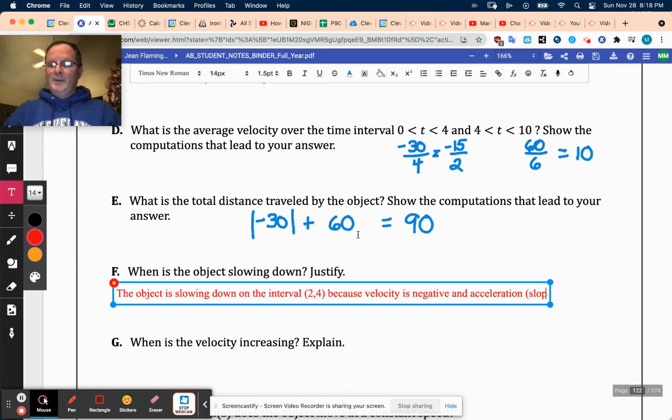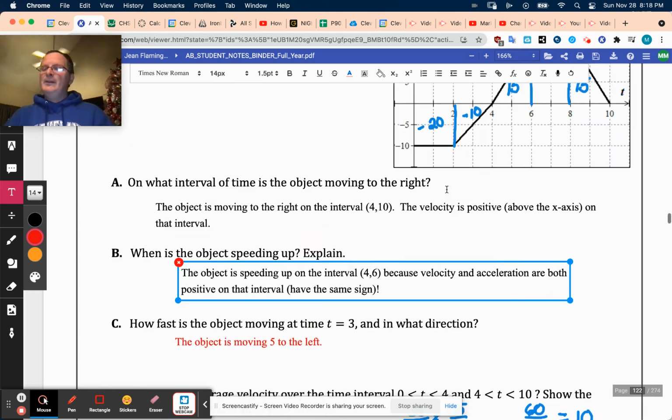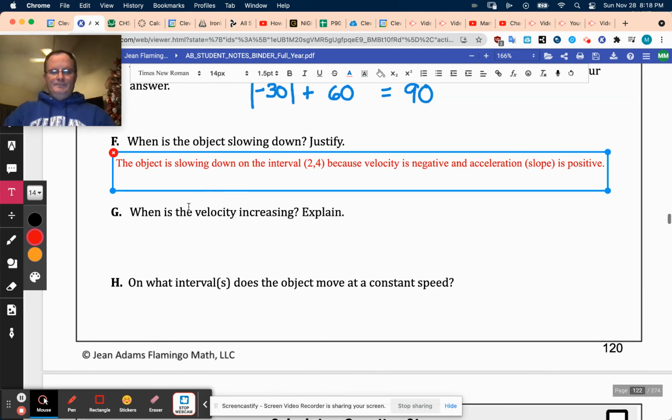I'll put a little note there that that's slope. And once again, it's slowing down again from 8 to 10 for the exact opposite reason.